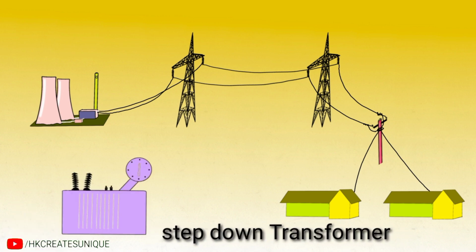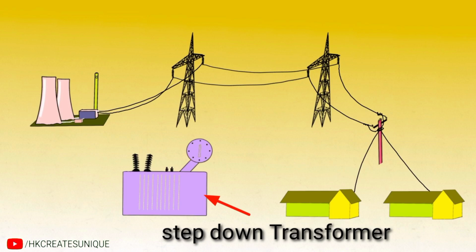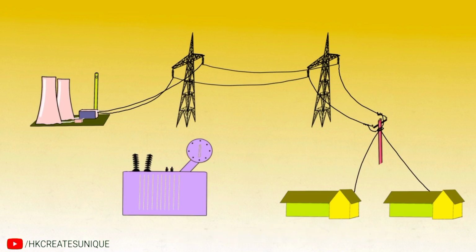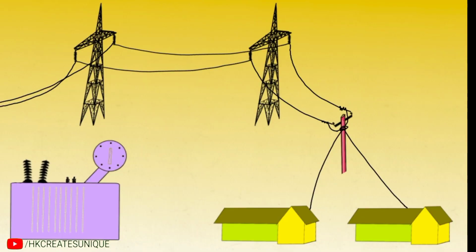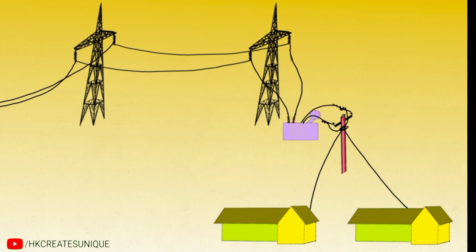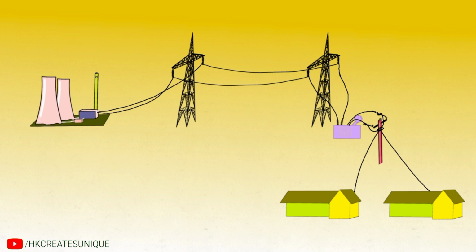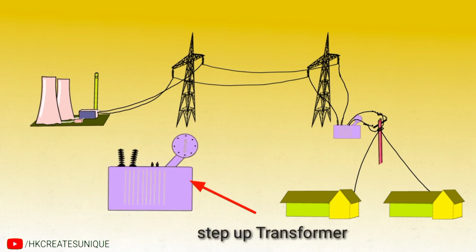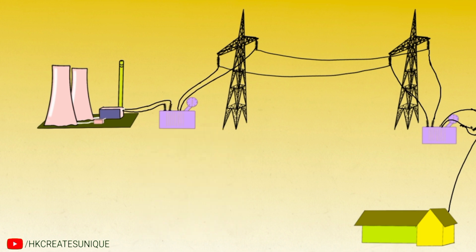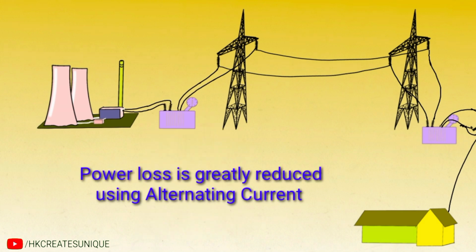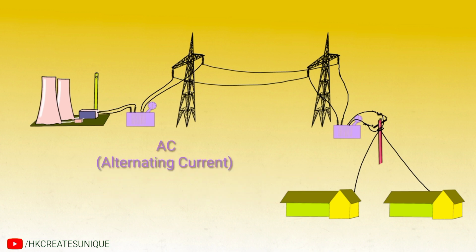A step-down transformer is used to reduce to a usable voltage for homes, just before reaching our homes. Also, a step-up transformer is used to increase voltage before reaching transmission line. This way, power loss of the transmission lines is greatly reduced using alternating current.